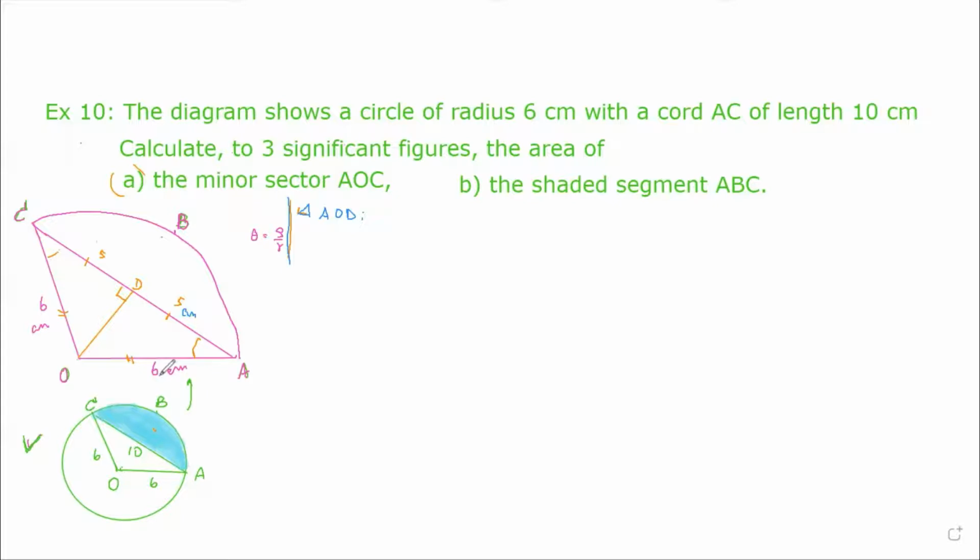So if I find the angle OAD, in triangle AOD, I have cosine of angle DAO, sorry, DAO equal to what?